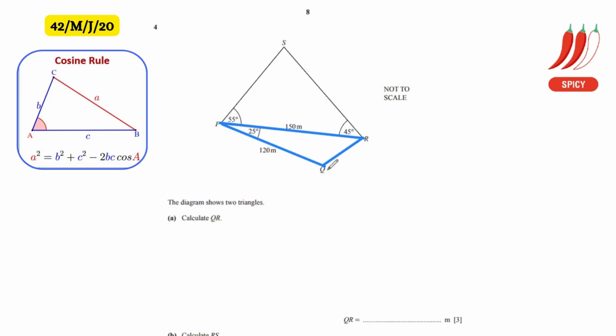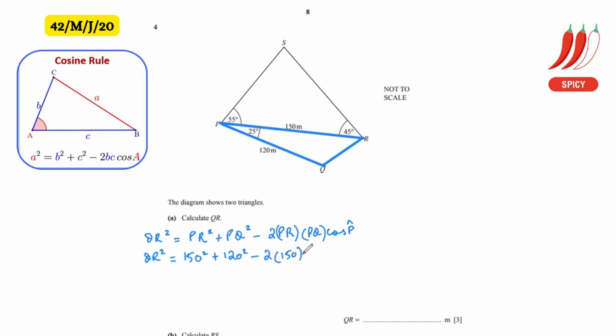So over here, since QR is what we're trying to find, QR square equals PR square plus PQ square minus 2 times PR times PQ times cos of angle P. So QR square equals 150 square plus 120 square minus 2 times 150 times 120 times cos of 25.